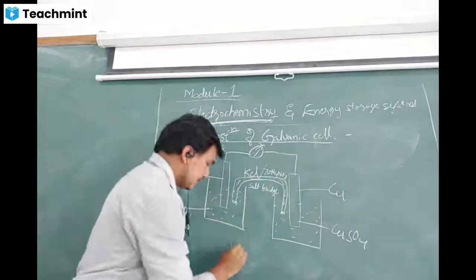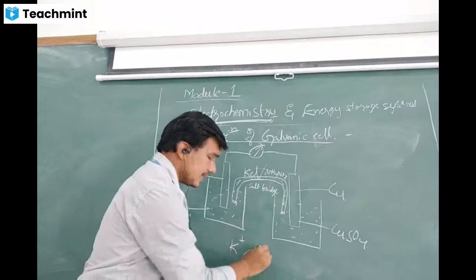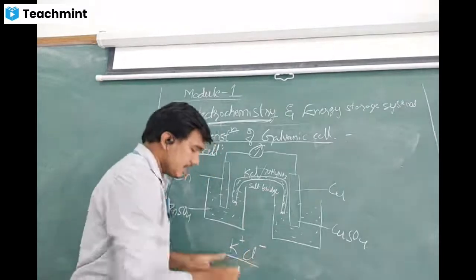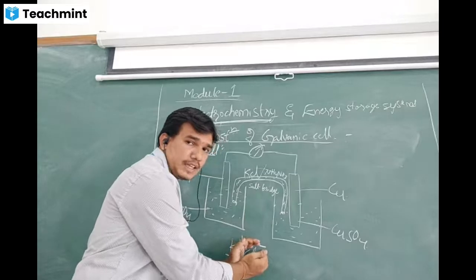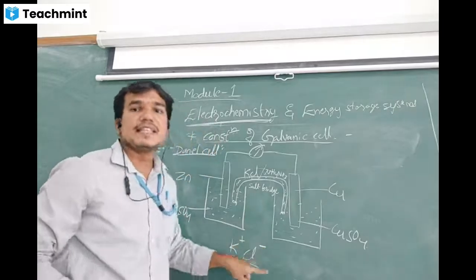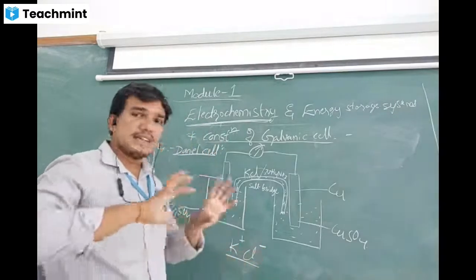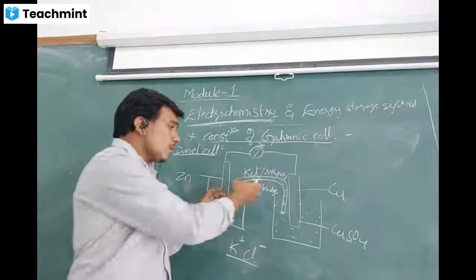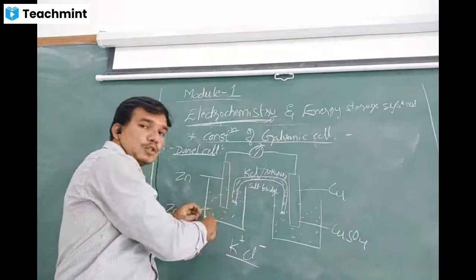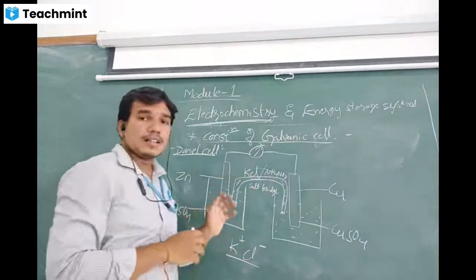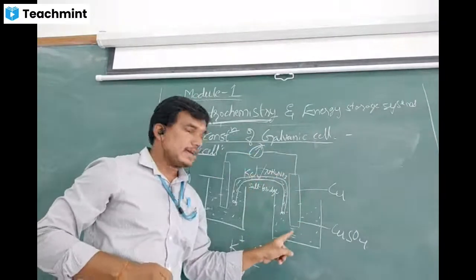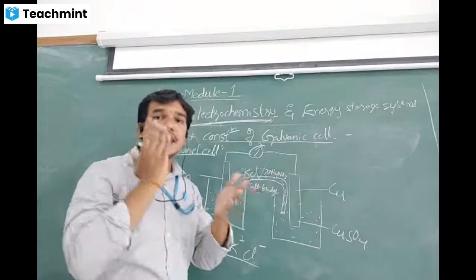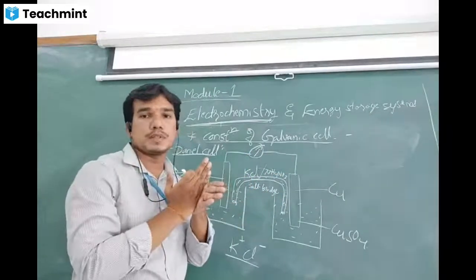The speed of K plus ions and the speed of Cl minus ions is the same. If we take different speeds, more K plus ions will go to the solution, or otherwise more chloride ions will move into this solution. Then the electricity generation will stop.